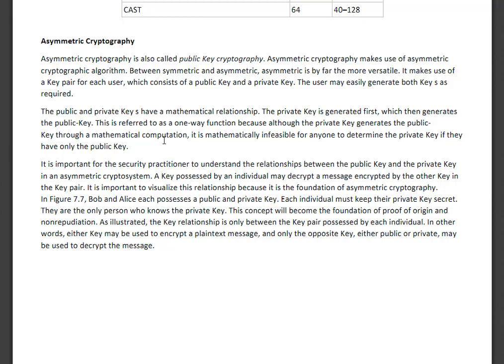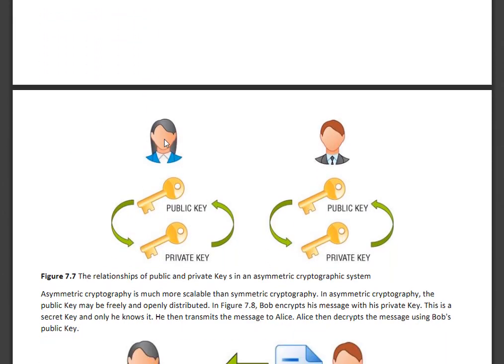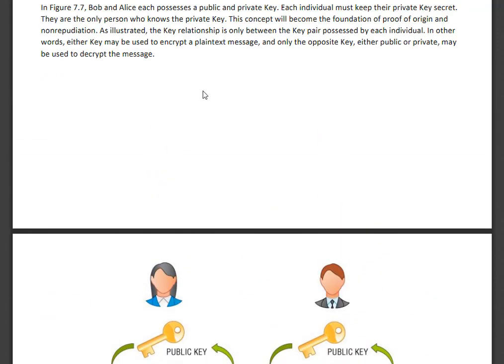So let's take a look at an example of public-private key encryption. Bob and Alice each possess a public and a private key. It's critically important that each individual must keep their private key secret. With asymmetrical encryption, all security is based on the keys staying secure.